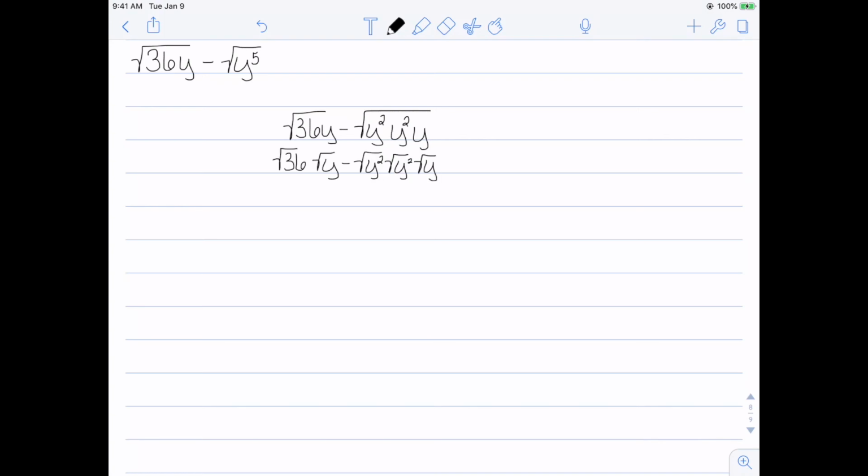That would give me the square root of 36 times the square root of y minus the square root of y squared times the square root of y. I know the square root of 36 is 6, and I don't know the square root of y, so that's just going to stay as the square root of y. The square root of y squared is y, since the root and the exponent cancel each other out. So I have y times root y. And we can actually factor out a square root of y to give us 6 minus y squared all times root y.